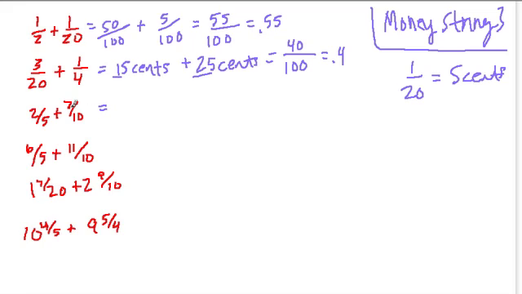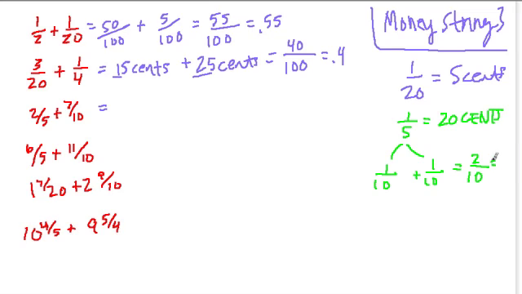Now the next one we have 7/10ths and 2/5. Well, we talked about in the other video what is a fifth. We said that 1/5 equals 20 cents, or 2 dimes, and that comes from the idea that if I have 2 dimes and I add them up, I get 2 out of 10, right?